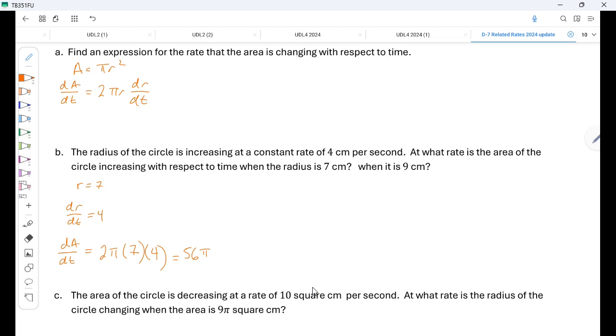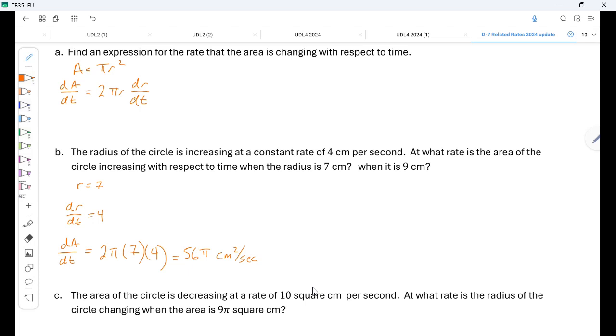And what would the label on that be? It would not be centimeters per second, because it's the rate of change of area, square centimeters per second. In the world of science, if I was a science teacher, we would be keeping track of all of our labels.